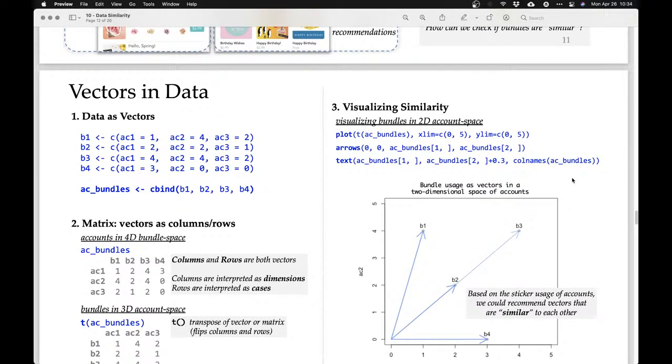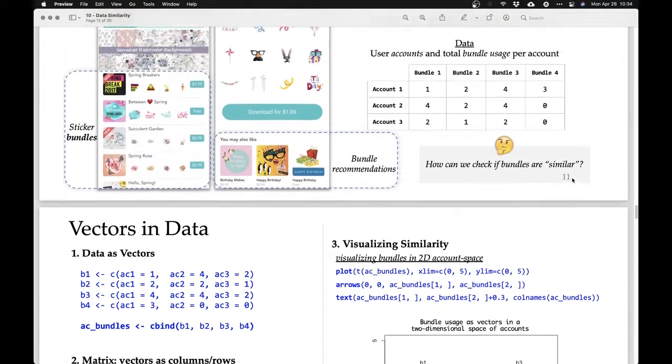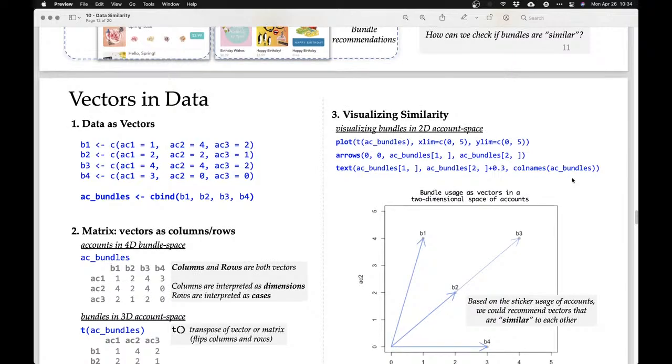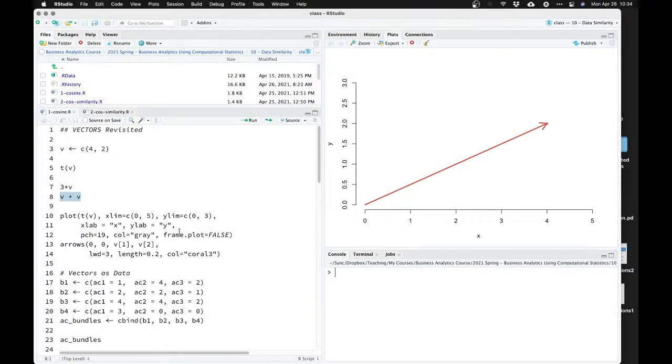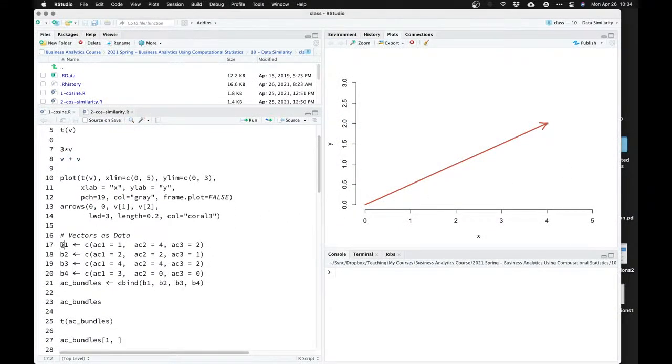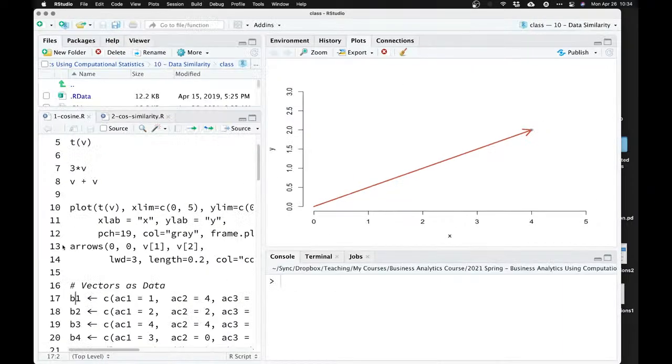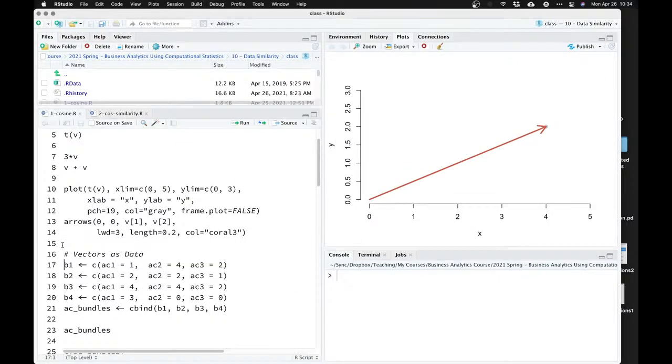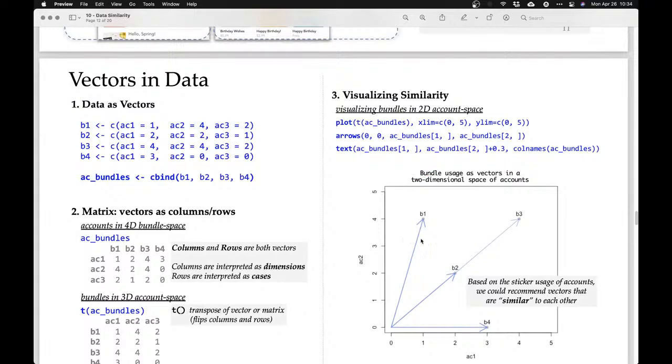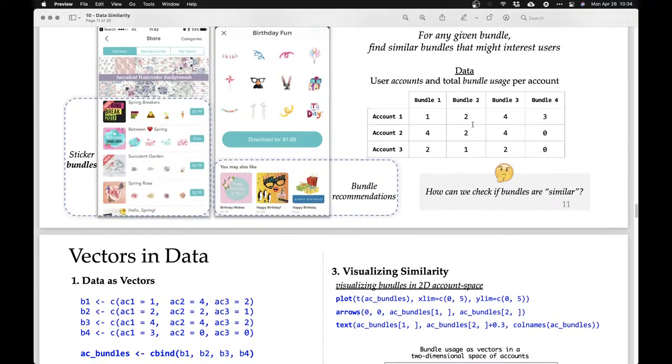Okay. So first of all, I would like to look at this problem from the perspective of vectors. All right. So what I'm going to do is take these bundles. Looking at this data set, I'm going to recreate this data set bundle by bundle.